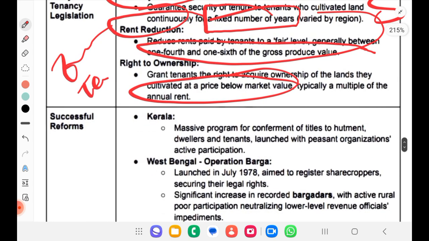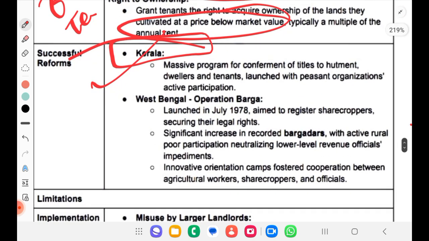We see such best examples. One such is Kerala. Massive program for conferment of title to hutment dwellers and tenants, launched with peasant organization active participation. It was successful in Kerala. West Bengal, Operation Barga, launched in July 1978, aimed at helping sharecroppers secure their legal rights.